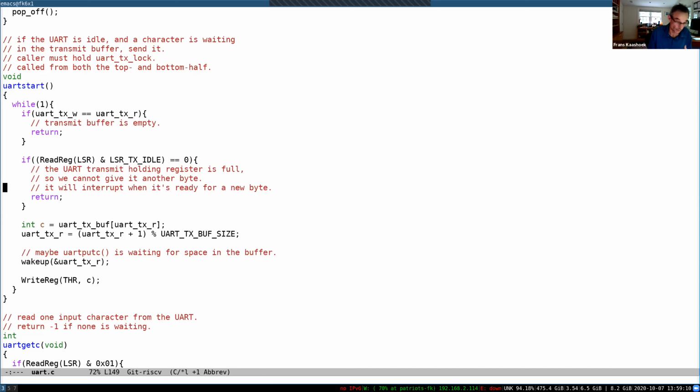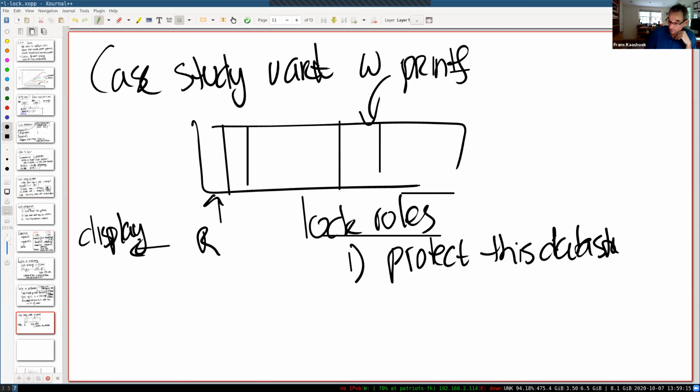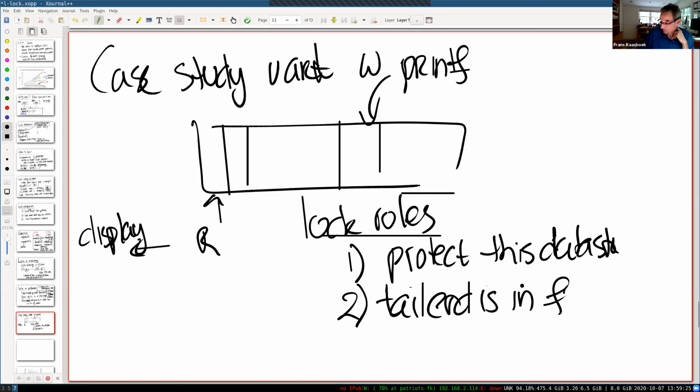Anything at the tail end of the queue is being processed by the UART itself, so the tail end is in flight. We make sure that we don't modify or interfere with that by grabbing the lock.